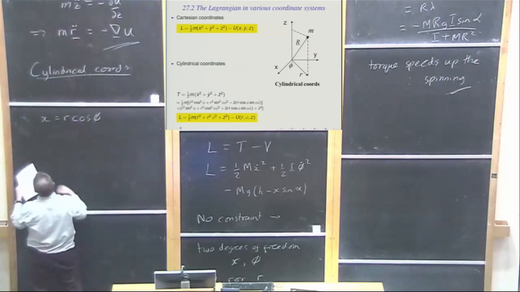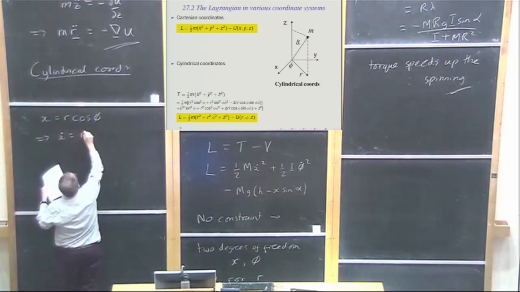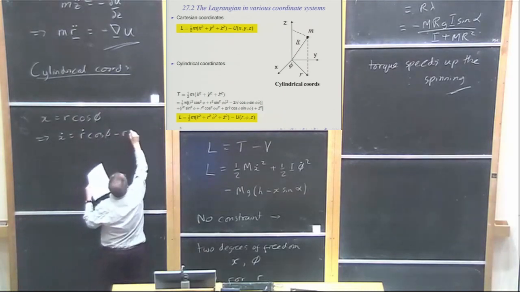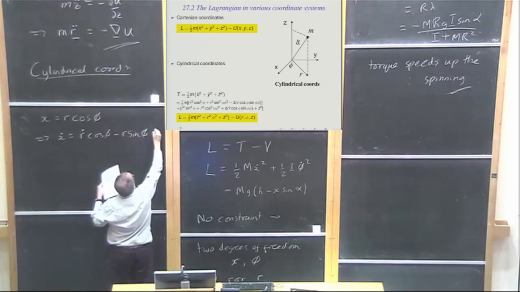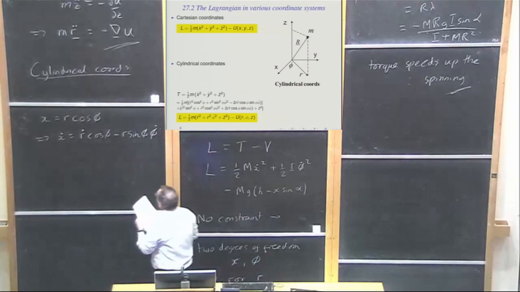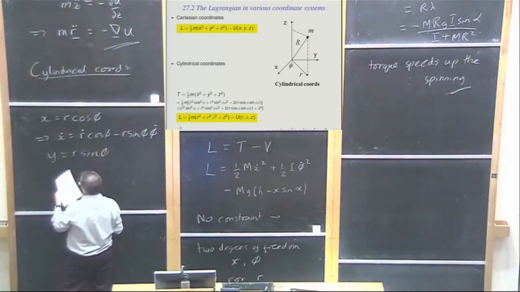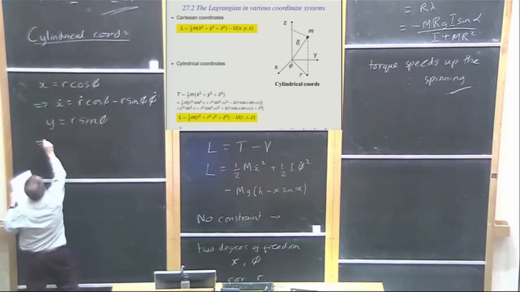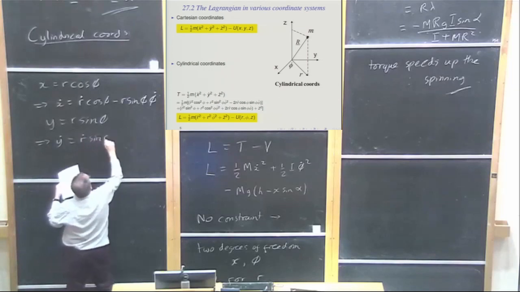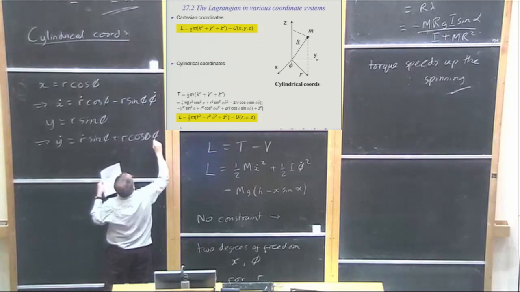So this means that x dot will be r dot cosine phi minus r sine phi phi dot. And y will be r sine phi. And so y dot will be r dot sine phi plus r cosine phi phi dot.